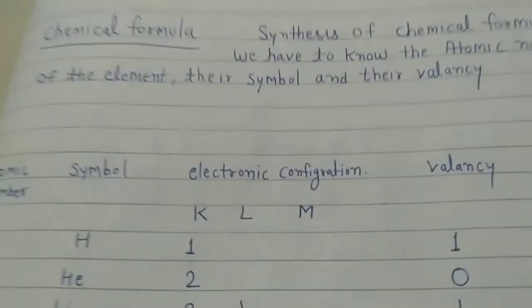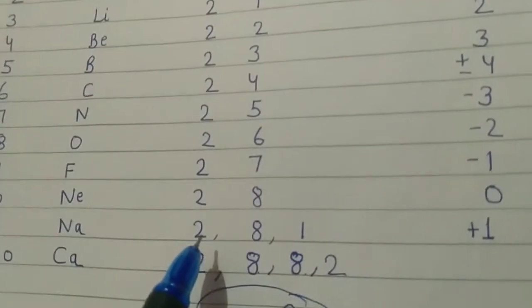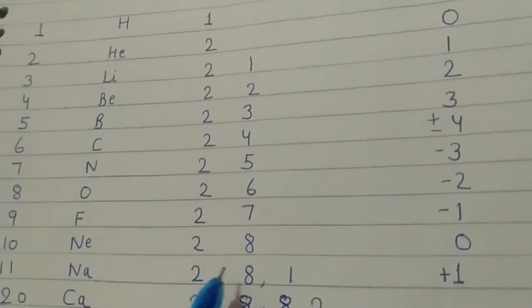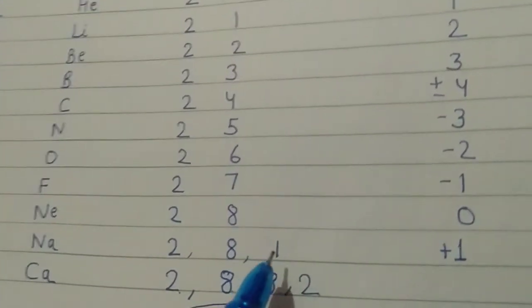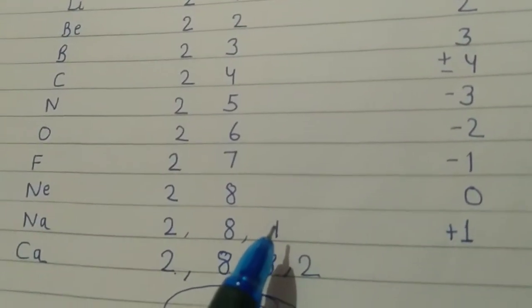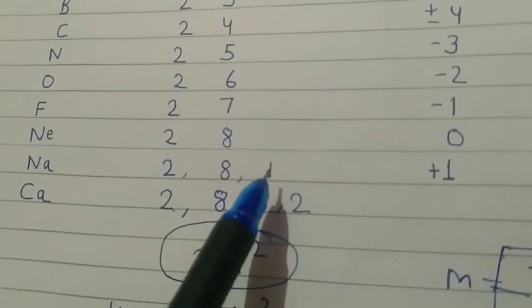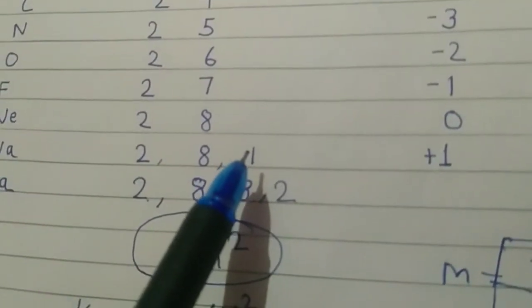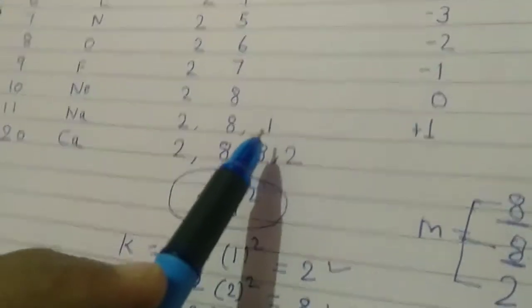In the case of sodium, there are 2 electrons in the K shell, 8 electrons in the L shell, and in the first section of the M shell, 1 electron. So it has only 1 electron in its outer shell.